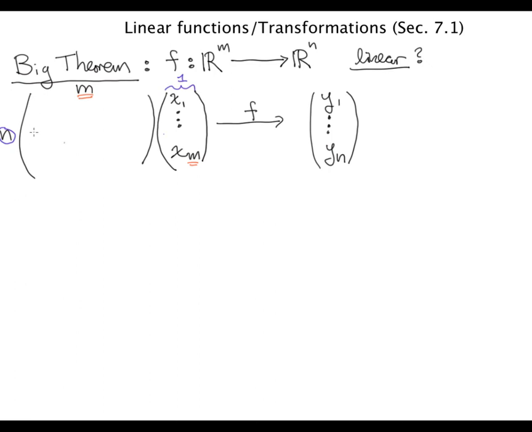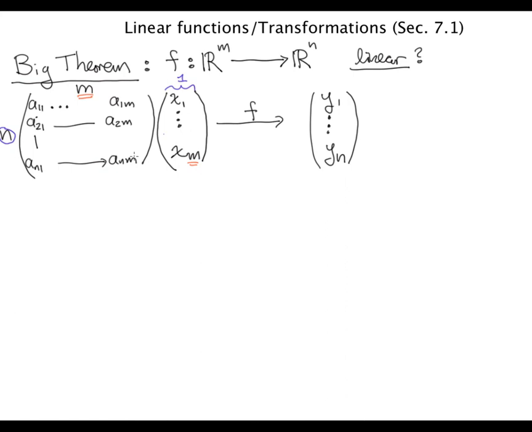So this is an n by m matrix. So I'll write this as a11 dot dot dot down to a1m, a21 through a2m, down to an1 through anm.